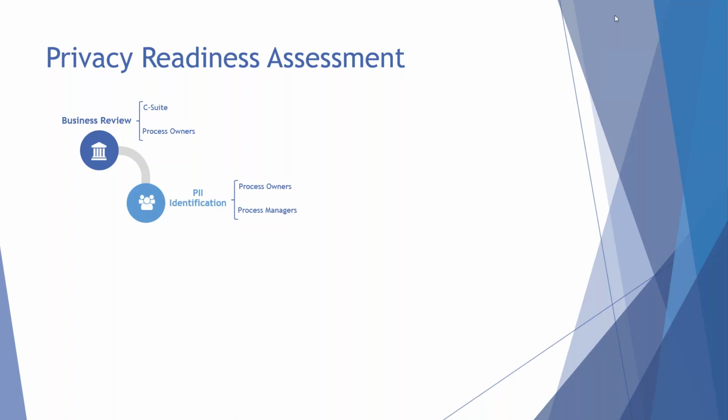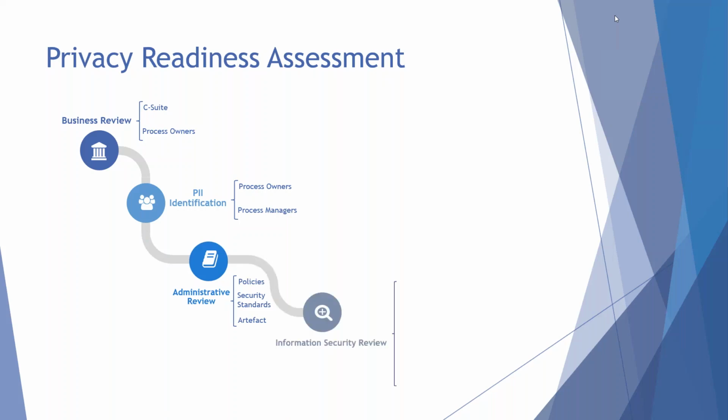So as we discussed, it starts with the context establishment and then goes through identifying the personal identifying information within the business, and then reviewing the controls, the policy and framework in place, policies, security standards, and artifacts around the security controls, and then performing an information security review against the generic ISMS controls, such as access controls, operation security, communication security, HR security.